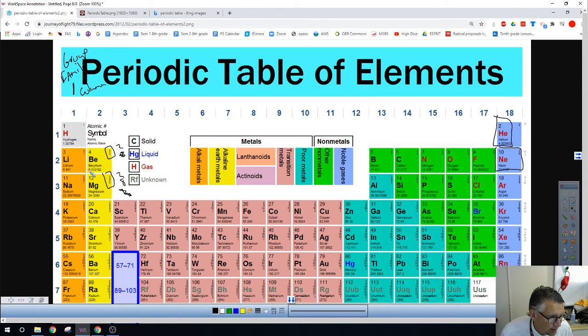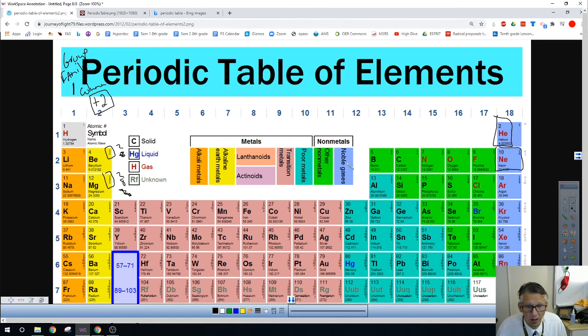So all of these elements are going to have 2 electrons in their outermost shell. They're going to want to lose 2 negative electrons. So this group, column, or family are all going to end up being a +2 ion.